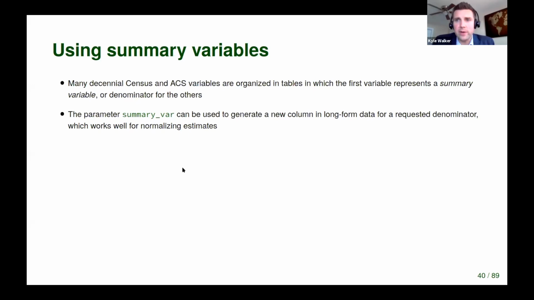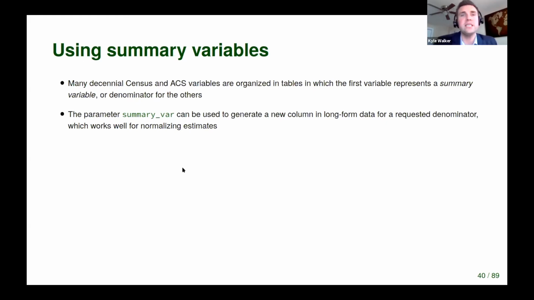Something to think about, however, is how many variables in the ACS and the census are organized. They're organized into tables in which, in many cases, honestly, the very first variable in the table represents a summary variable. It's the appropriate denominator for which all of the other variables can reasonably serve as a numerator. For example, in the age by sex table that we looked at before, the very first variable is total population, and that's the corresponding denominator.